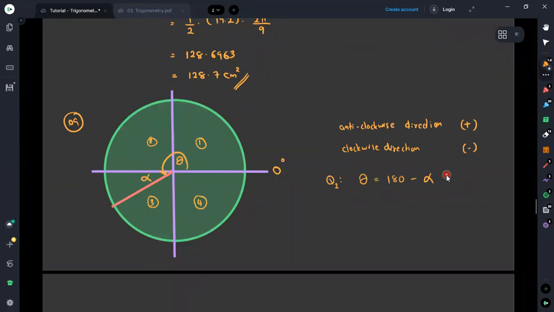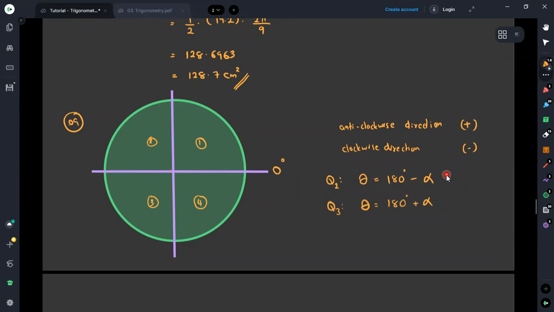Therefore, if you have an angle theta in the third quadrant, it can be considered as 180 degrees plus the acute angle alpha.